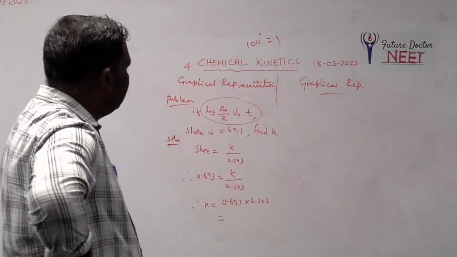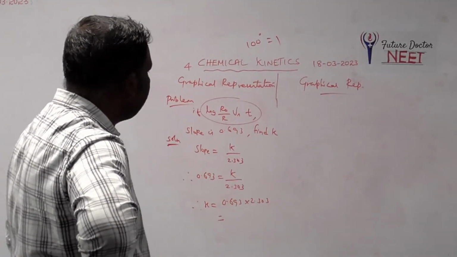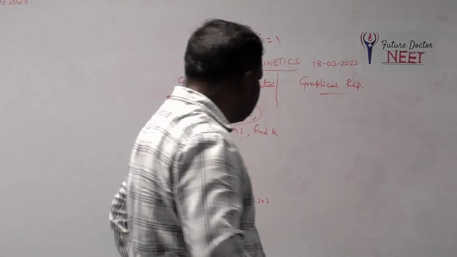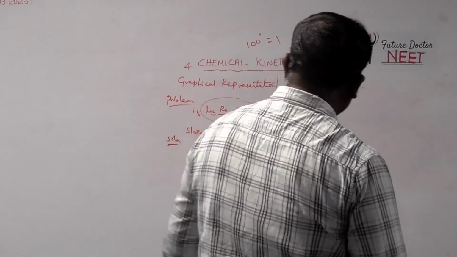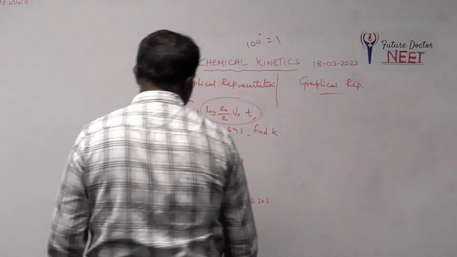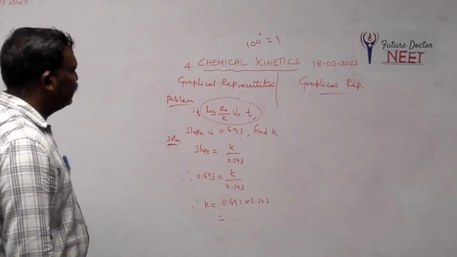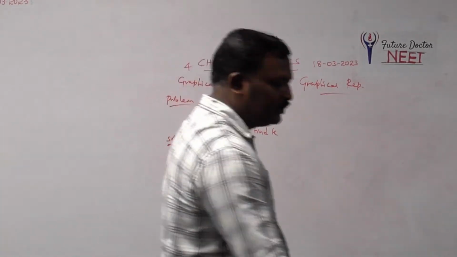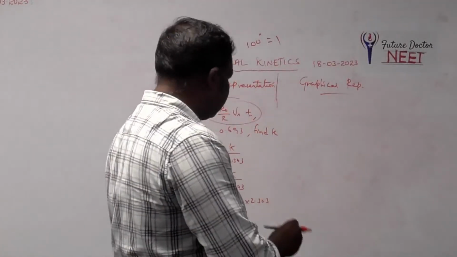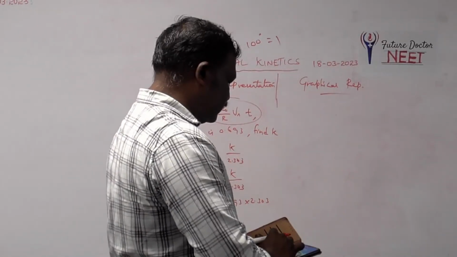Point 693 by 2, approximately 2. What's the answer? So method only, just remember.